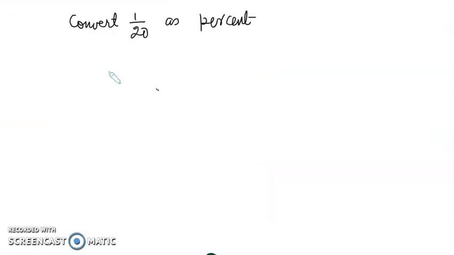So I am going to explain the same thing once again on my whiteboard. The question is, convert 1 by 20 to a percent. The method that you have learned is, in order to find the percent, you have to get somehow 100 in the denominator. So how will you get 100 in this case?